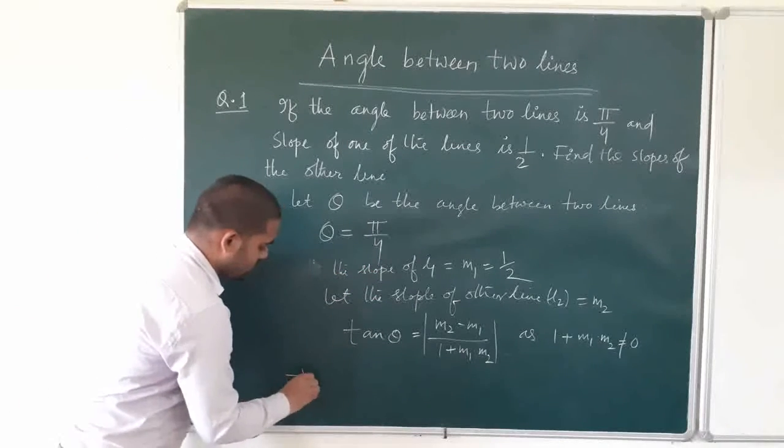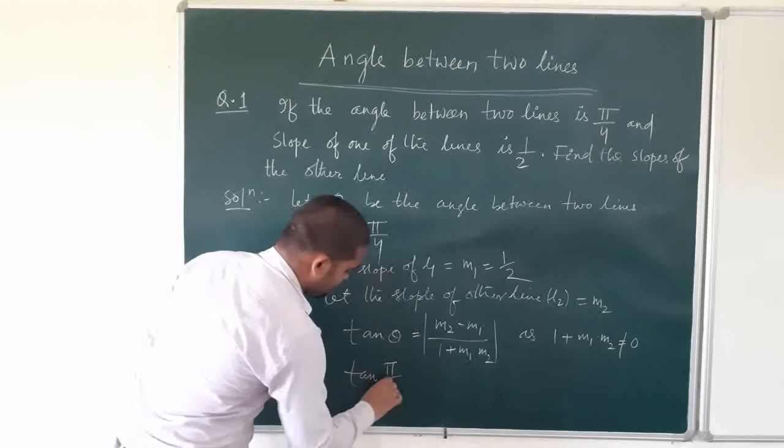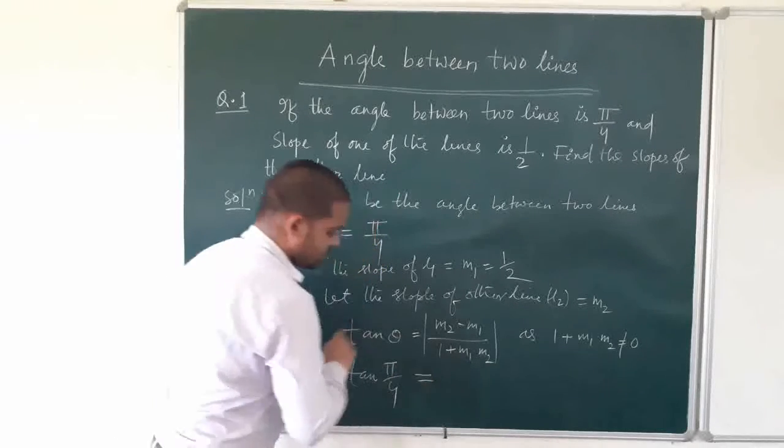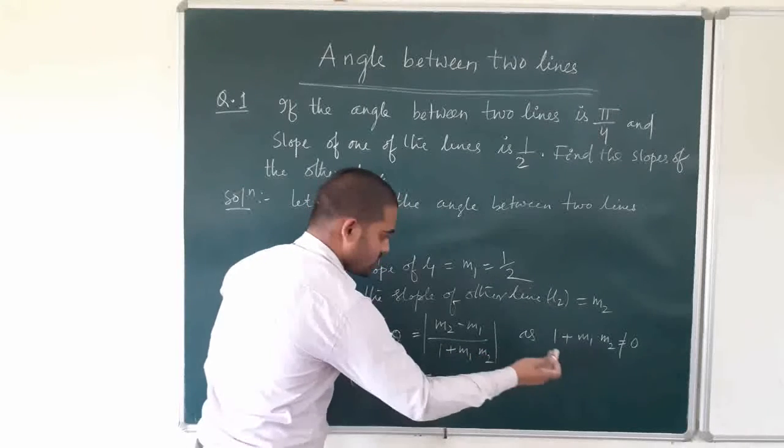You can write here tan pi by 4 is equal to, it can be positive as well as negative.